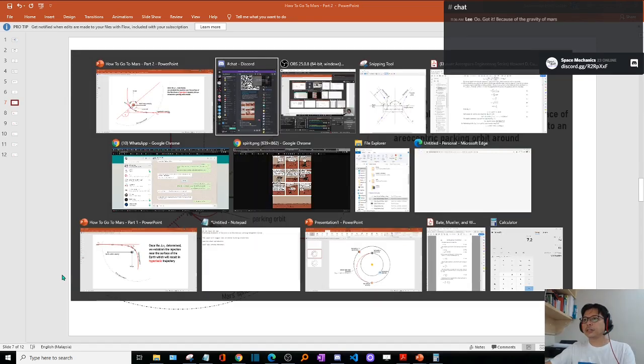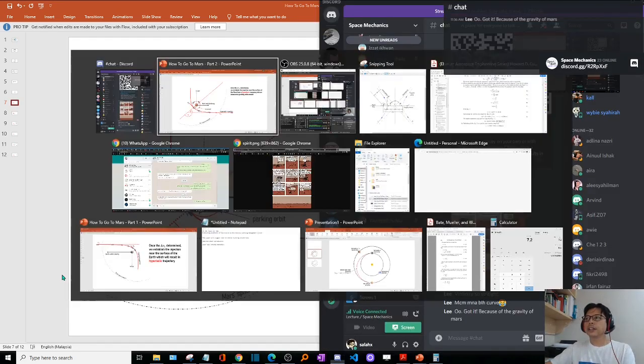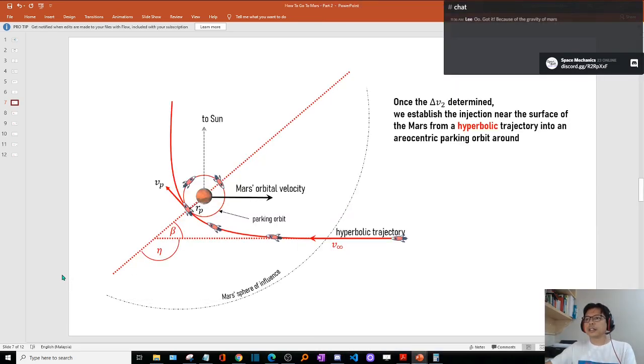Let me see if there are any other questions. All right. So another question you might ask: why is it not coming from the left-hand side, but on the right-hand side? The reason is this. From a Hohmann transfer, the spacecraft coming in is actually slower than Mars.